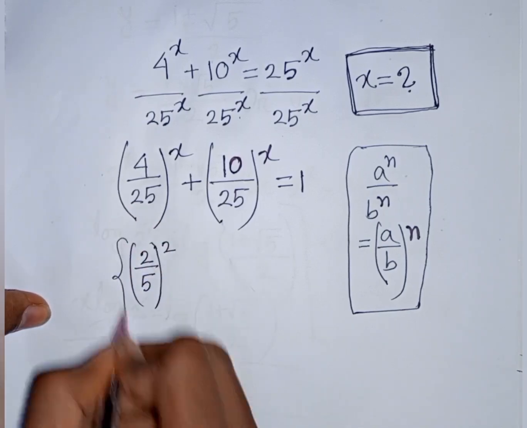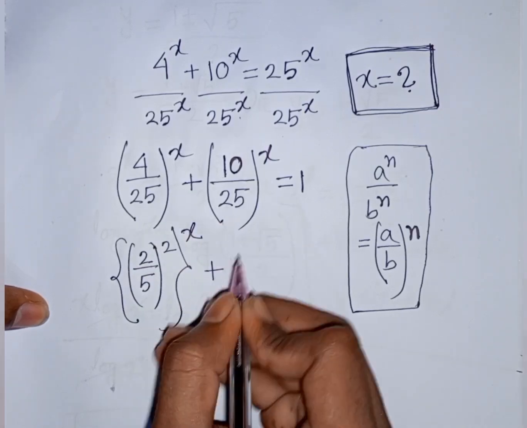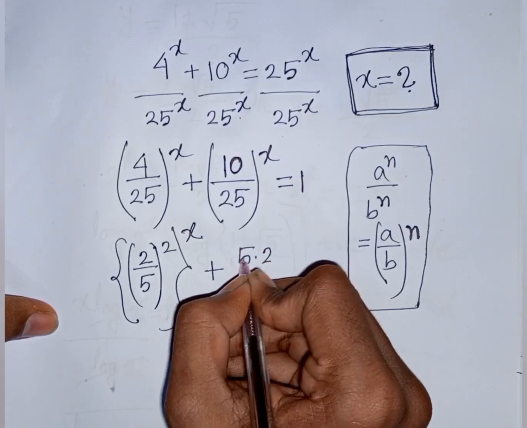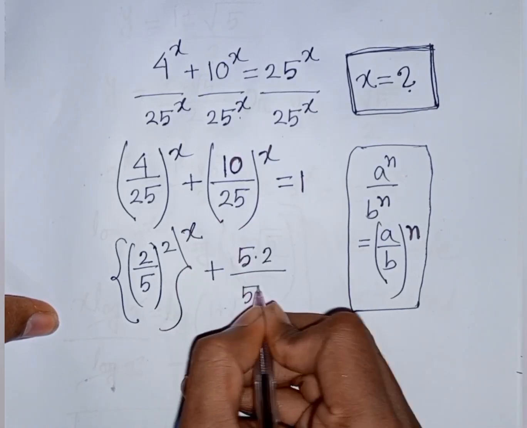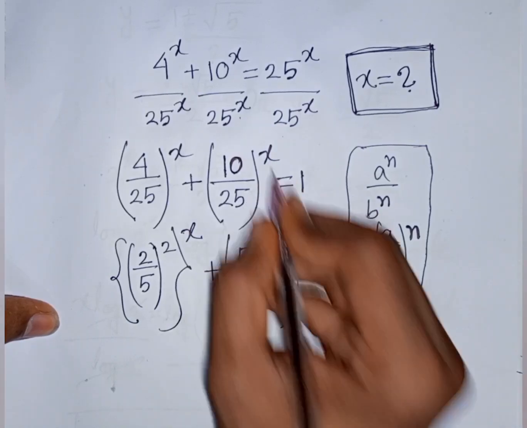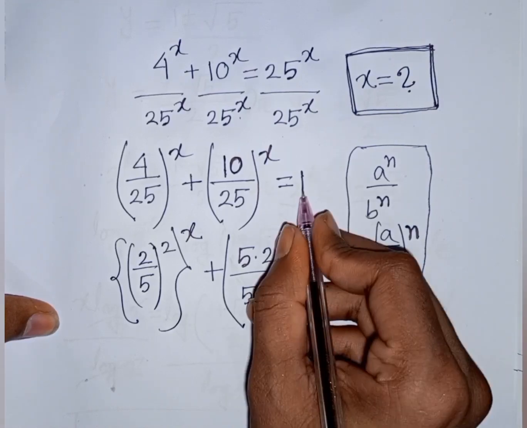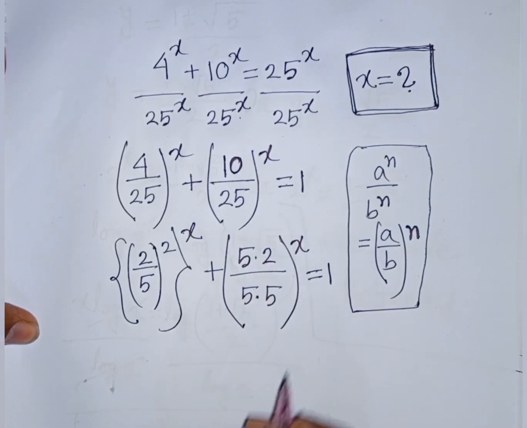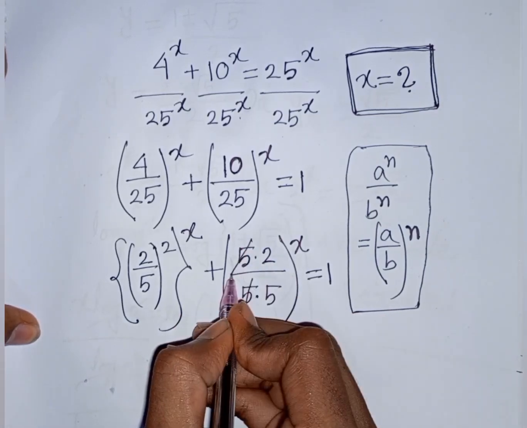Then this first bracket can be written as the second bracket, then power of x, plus 10 over 25, which is the same as 5 times 2 over 5 times 5, then bracket power of x is equal to 1. Now we see this 5 will be cancelled.